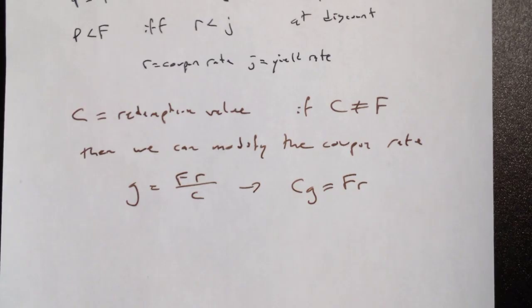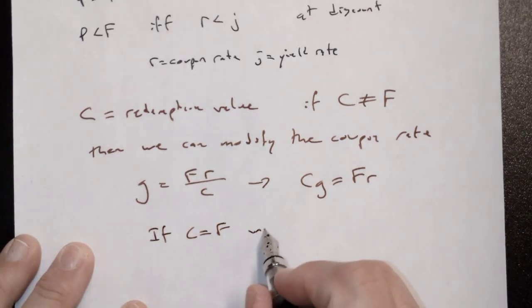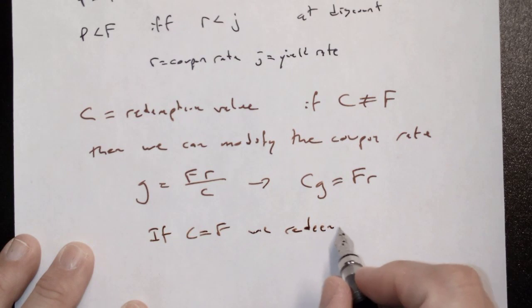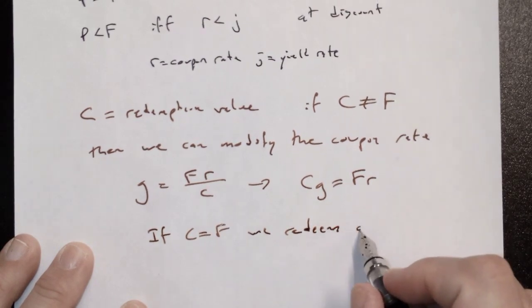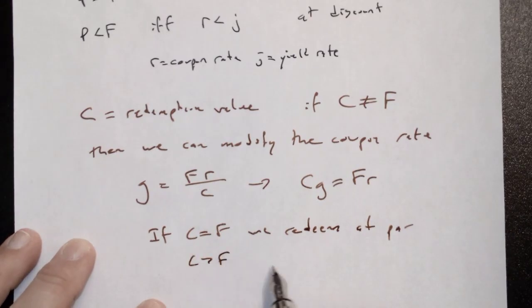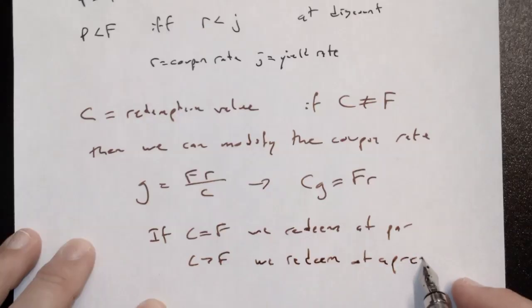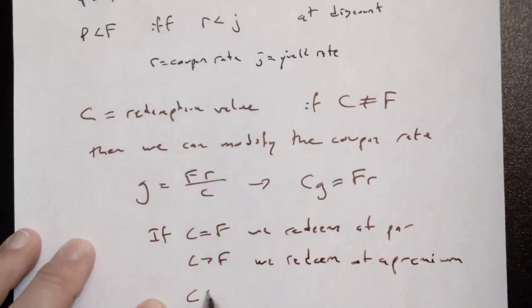If C is the same as F, we'll redeem at par. And if C is bigger than F, I redeem at a premium. And if it's smaller, we redeem at a discount.